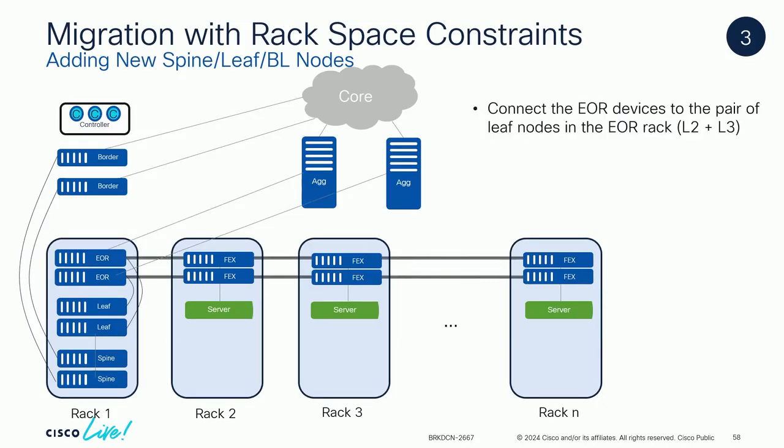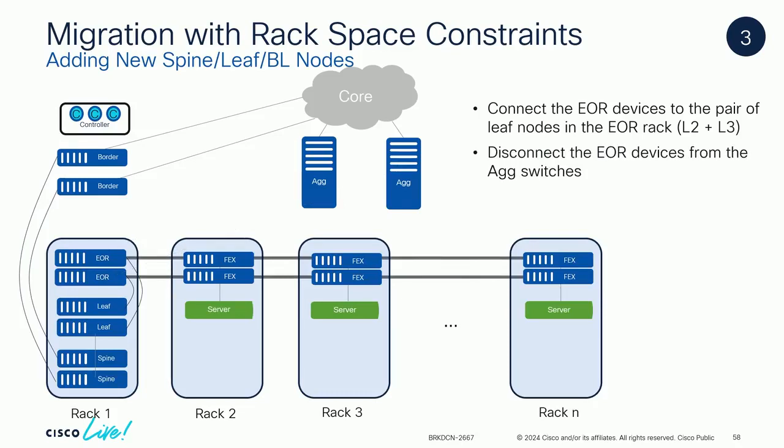Now, the next thing that's going to happen is these pre-existing end-of-row switches are going to get attached to the leafs in that rack, and provide L2 and L3 services. Remember, we talked about the fact we have to provide connectivity, and we have to provide a stub to get in and out of the default gateway.